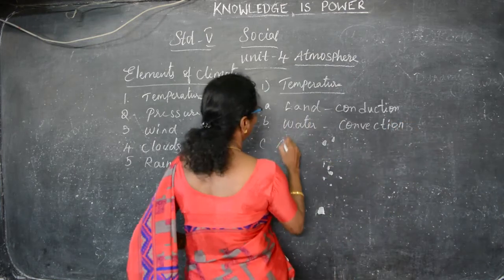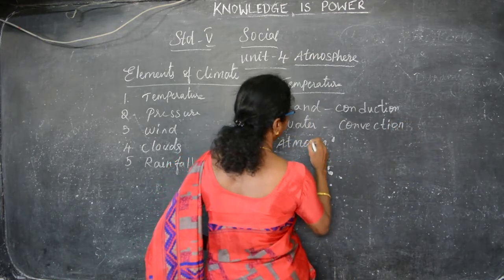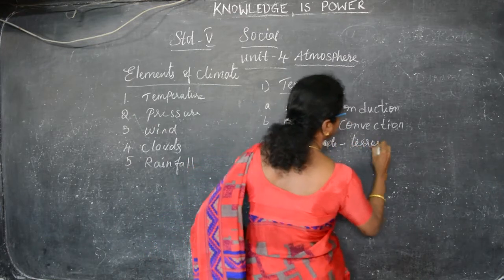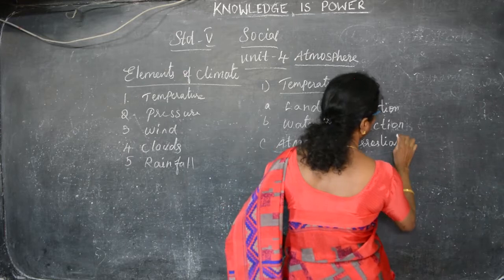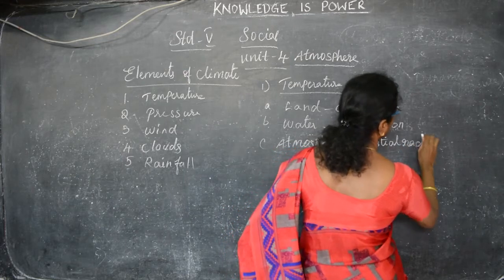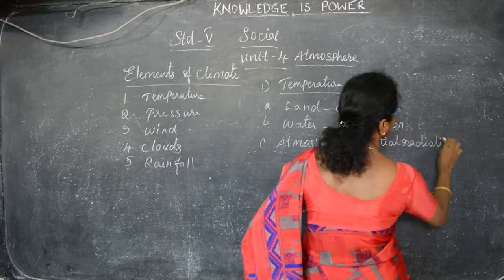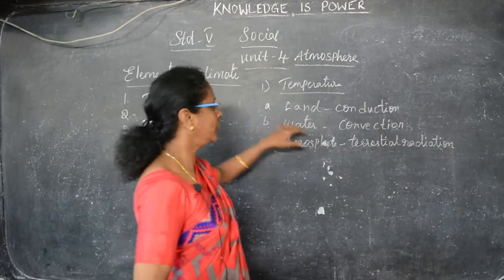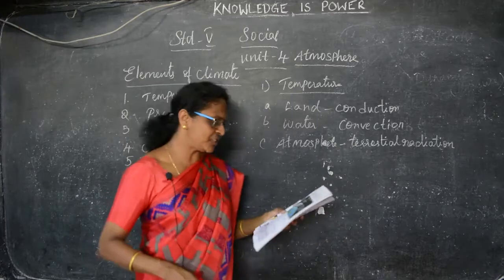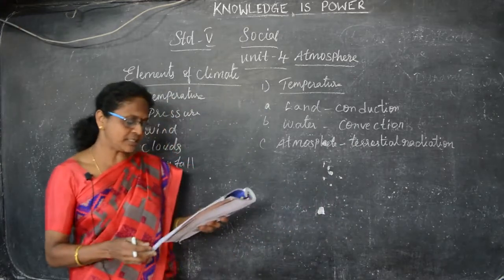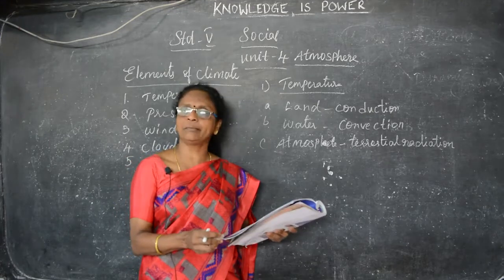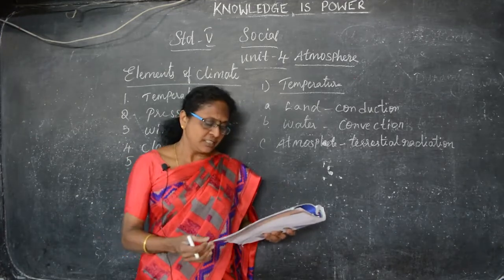And atmosphere is terrestrial radiation. So land is conduction and water is convection and atmosphere is terrestrial radiation. The earth has the capacity to reflect the sun's rays.